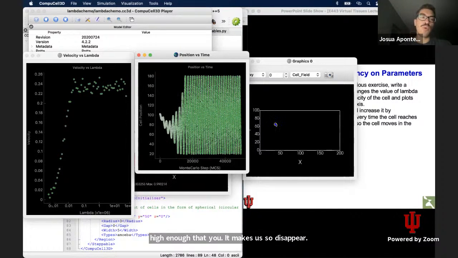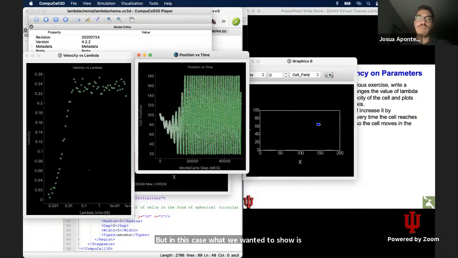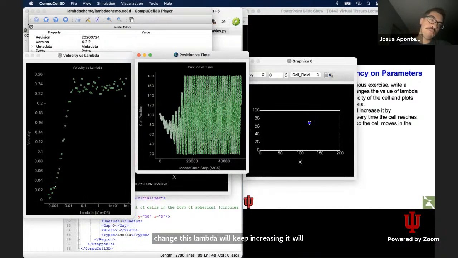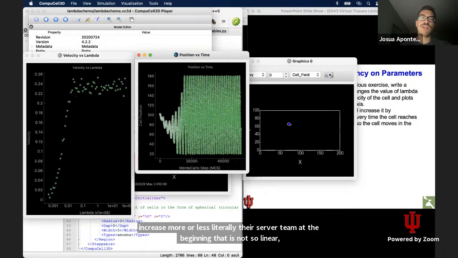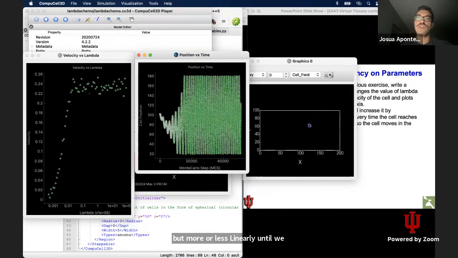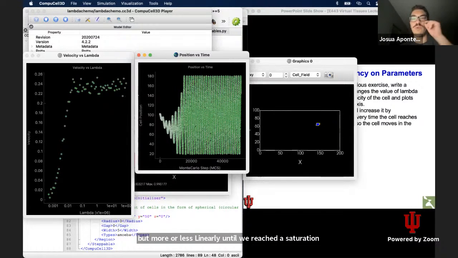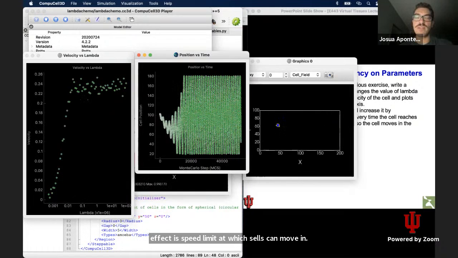But in this case, what we wanted to show is that as we change this lambda and keep increasing it, the speed increases more or less linearly. There's a regime at the beginning that is not so linear, but it is more or less linear until we reach this saturation at the effective speed limit at which cells can move in CompuCell, which is 0.25 pixels per Monte Carlo step.